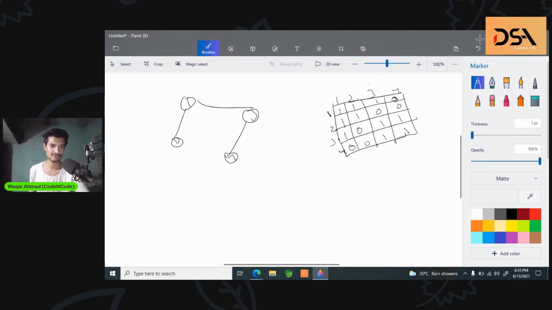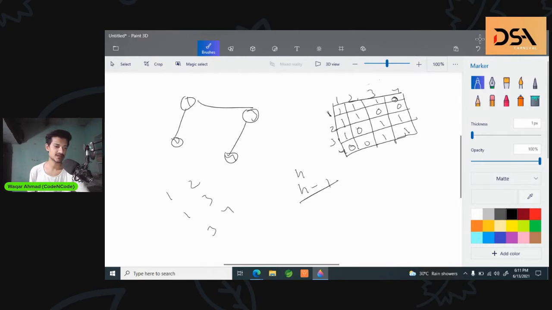Okay, so you will have a matrix, and if there is a connection between node A and B, you will be provided input with edges. If you are given n nodes, you will be provided with n minus 1 edges, because in a tree with n nodes there will be exactly n minus 1 edges. So input will be like 1 2 for this edge, 1 3, and then 3 4.